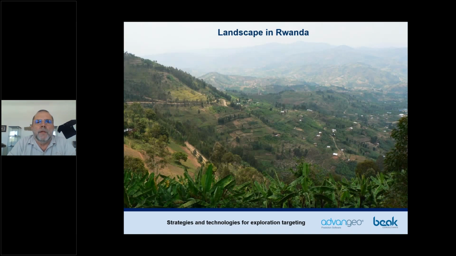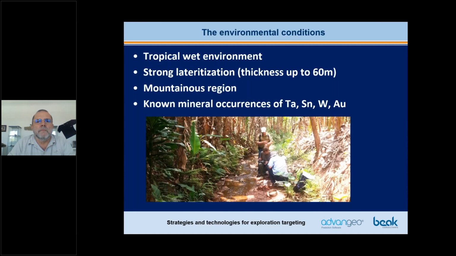This is the landscape in Rwanda. It's mountainous, it's a tropical wet environment with a huge laterite cover, up to 60 meters of oxidation zones. So we have to adjust our strategy to this environment.